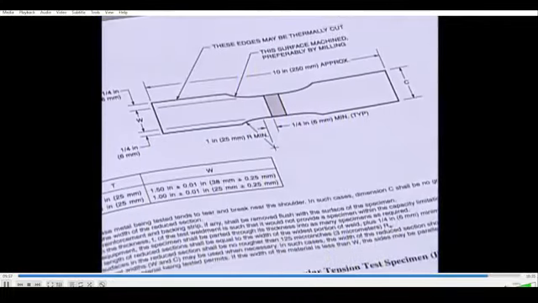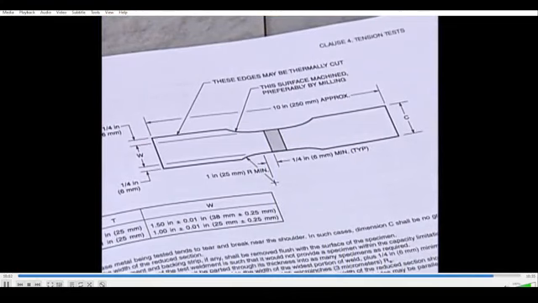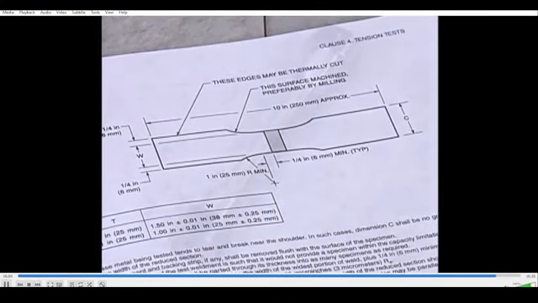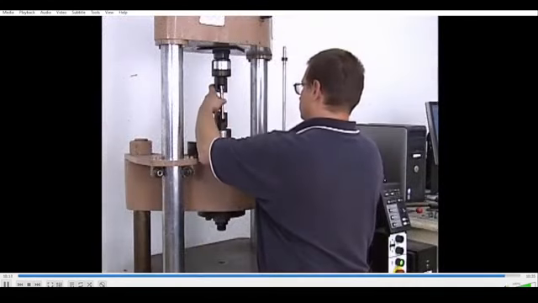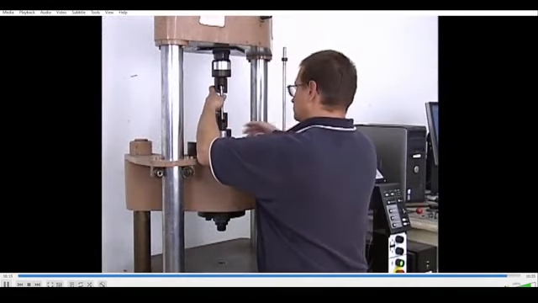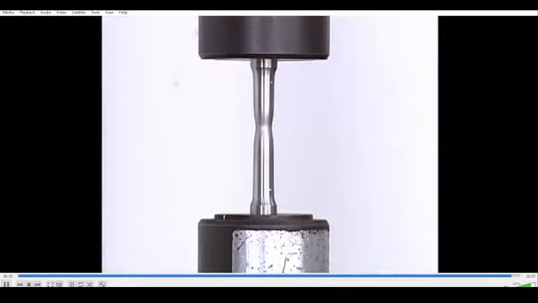It is important to review the applicable specification to determine the proper procedure and type of coupon based on the qualification to be performed. The tensile test is extremely valuable for determining weld soundness and mechanical properties. It is most often used to verify material properties and to qualify procedures, and can also be used on random samplings of production parts.